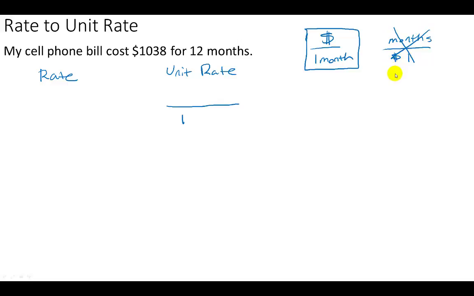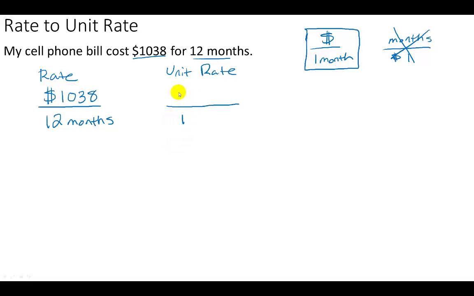This gives us the labels, how we're going to set them up, and so now I can just take the information given and create the rate. We're going to put $1,038 in the numerator and 12 months in the denominator.